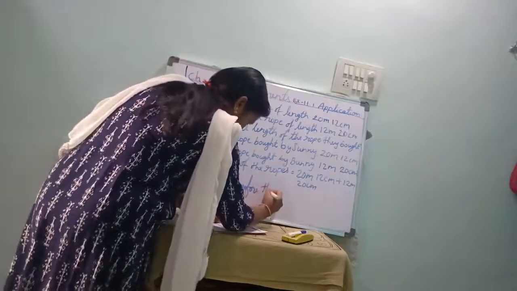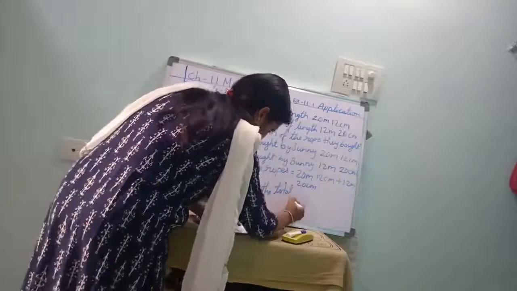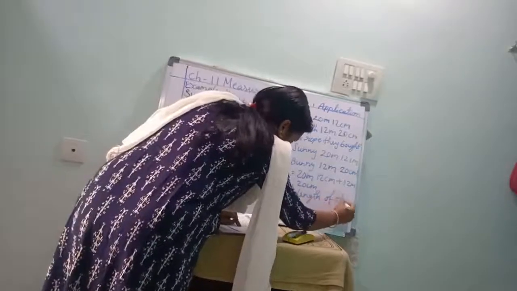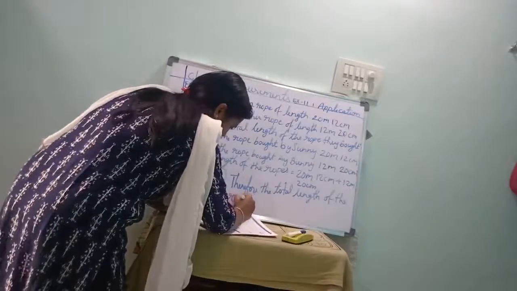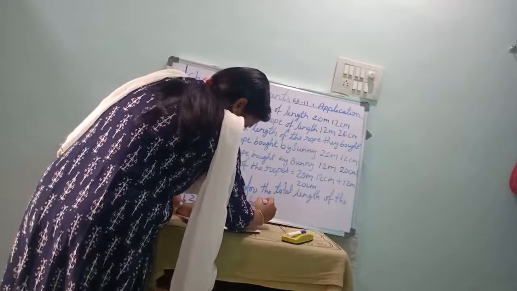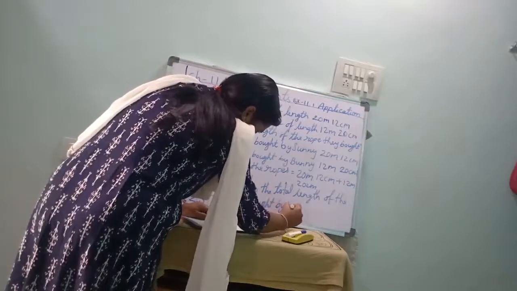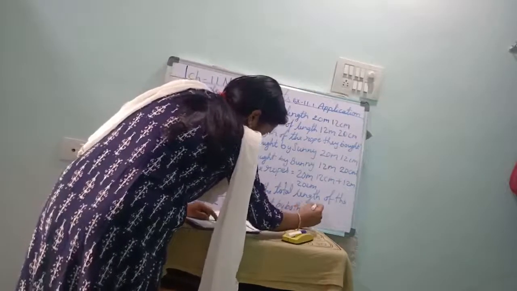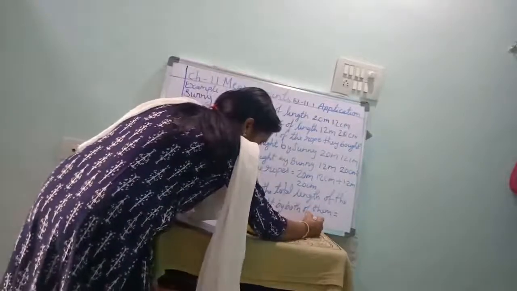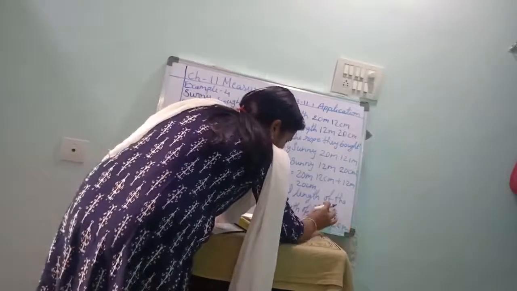Therefore, the total length of the rope bought by both of them is equal to 32 meters 32 centimeters.